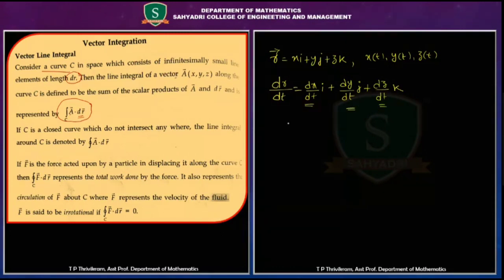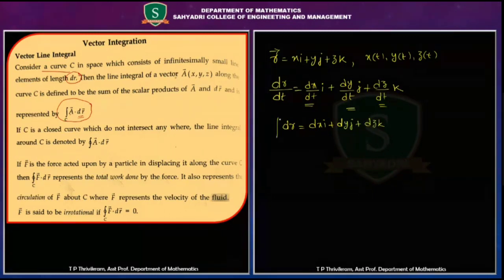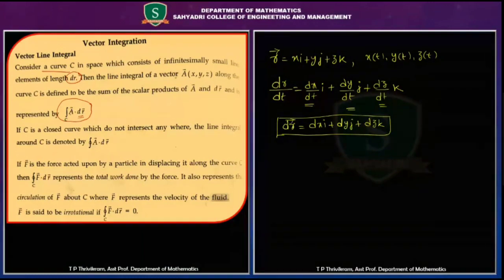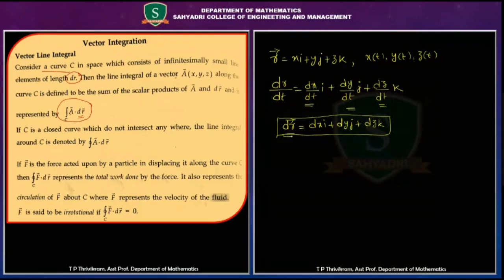So this one can also be written as dr equal to dx i plus dy j plus dz k. So dt on both sides I have cancelled. So you can write the dr like this also. This is one representation of dr.